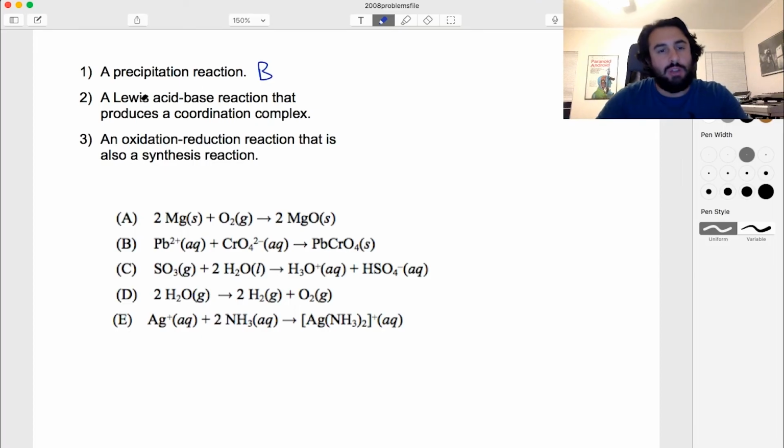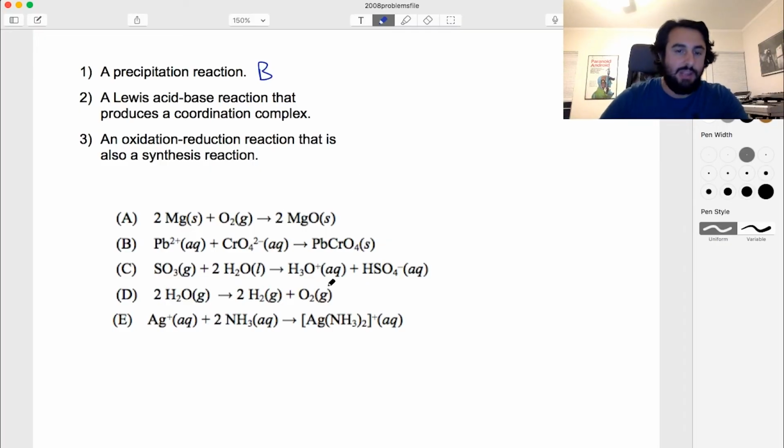So number 2, a Lewis acid-base reaction that produces a coordination complex. So what is a coordination complex? This is a compound where we have a central metal atom with some oxidation state and some number of ligands that are coordinated to the central metal atom. So if we don't have a central metal atom, it's not going to work.